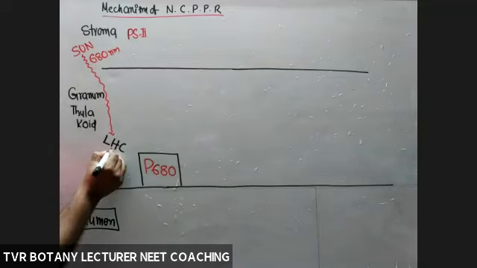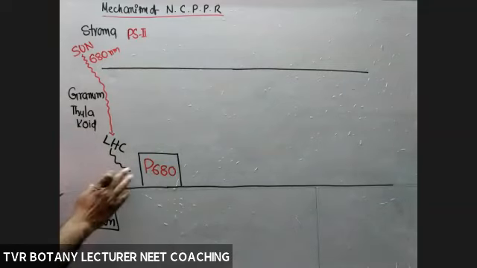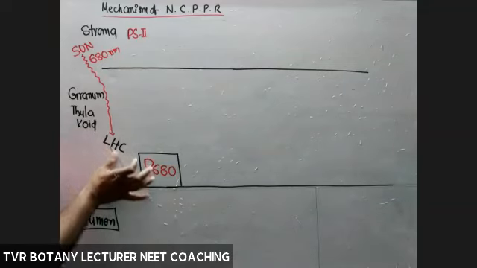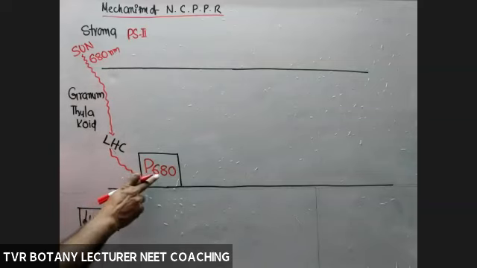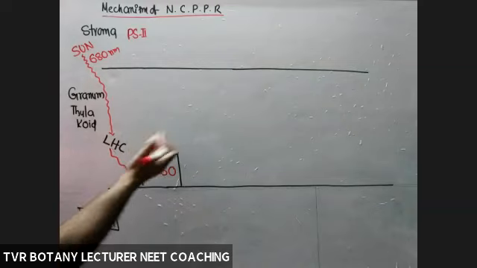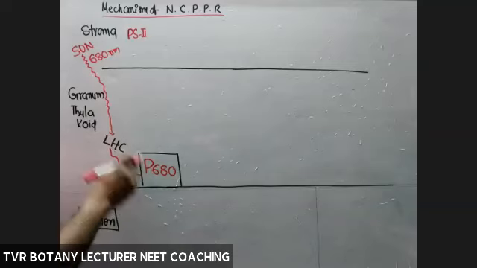From there, it is transferred to the reaction center. Here, a chlorophyll A molecule is present. 680 is nothing but a red light with a shorter wavelength, absorbed by the chlorophyll A molecule, which has peak absorption at 680 nanometers.